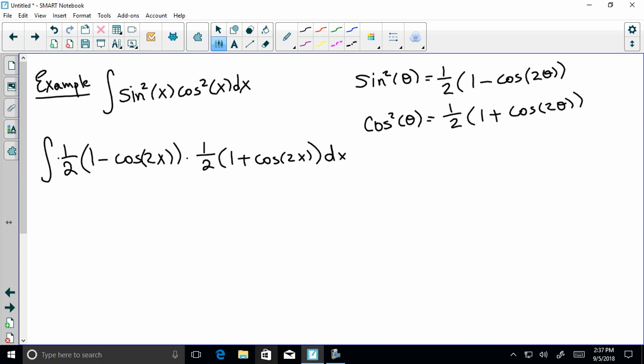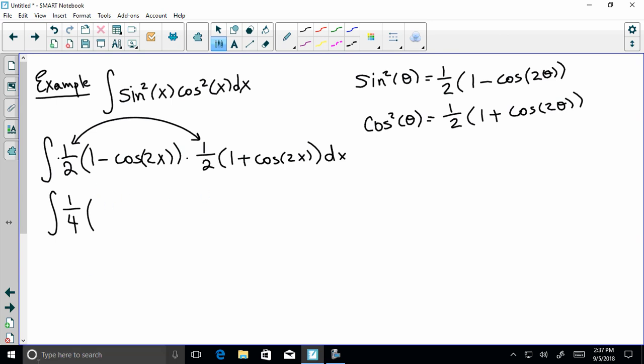Now, we've got a bunch of things that we have to multiply, so we need to multiply them out. 1/2 times 1/2 is what? 1/4. So I just multiplied these two by each other. And then for these two, I'm going to FOIL them, or I can use an identity.